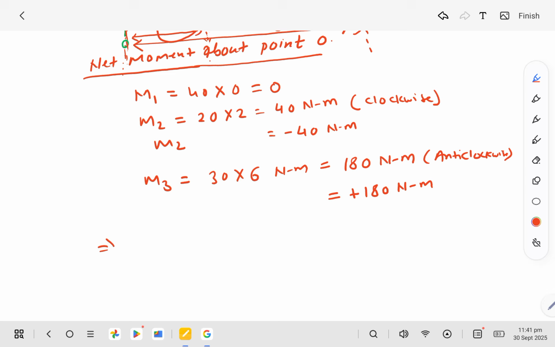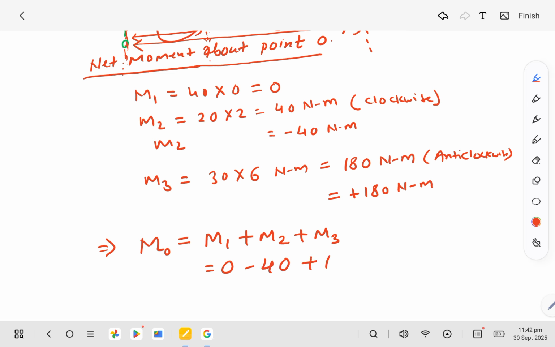So now the net moment about point O is the simple algebraic sum of all the moments of forces. So 0, and this is clockwise, that's why for the sign convention it is minus 40.